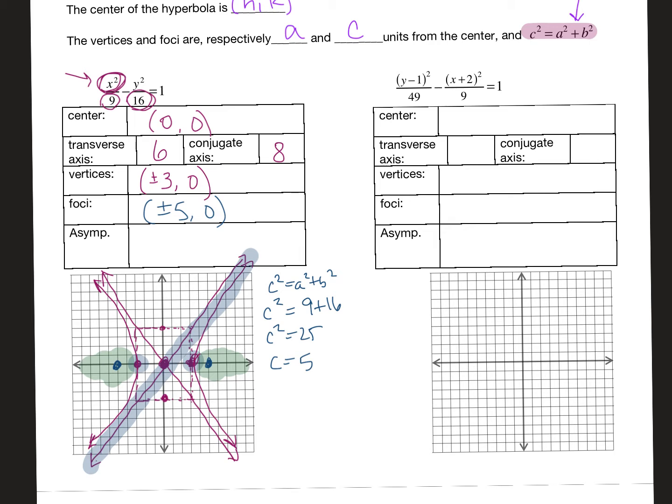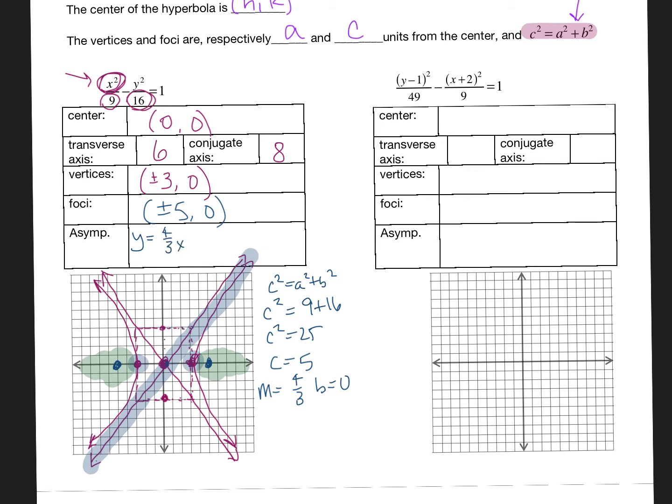That particular slope is, let's see, up 1, 2, 3, 4, and over 1, 2, 3. So 4/3. And it goes through the origin, so I know what my b value is. So the equation of that line is y equals 4/3 x.